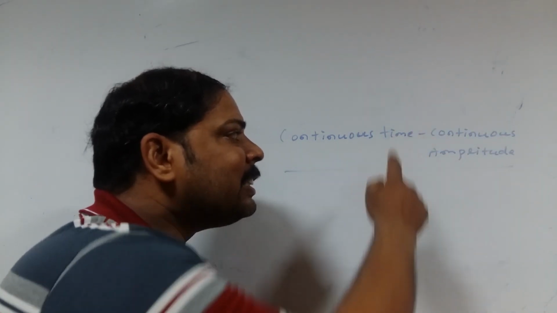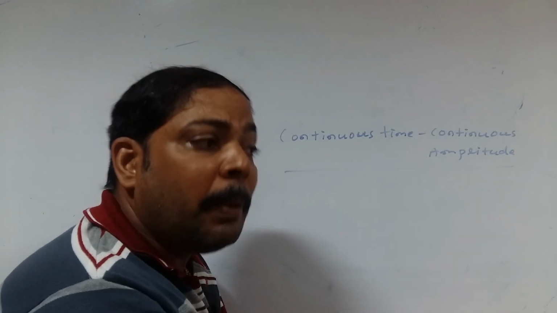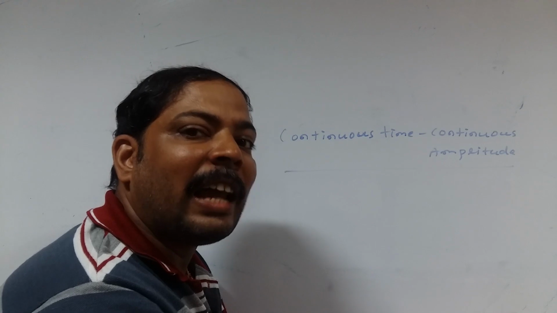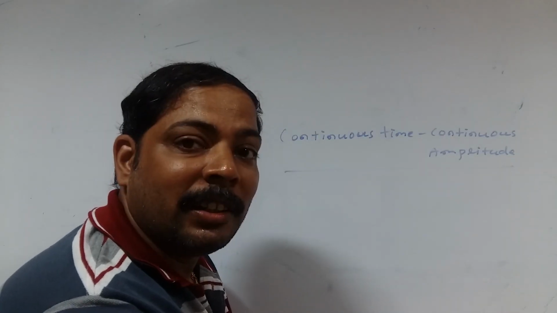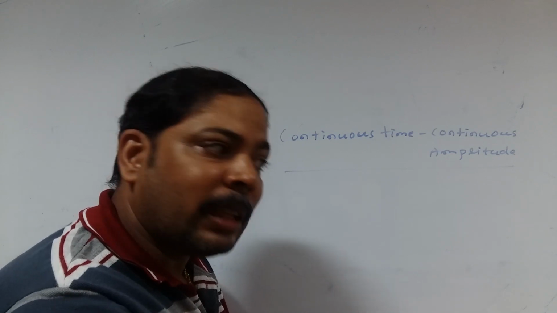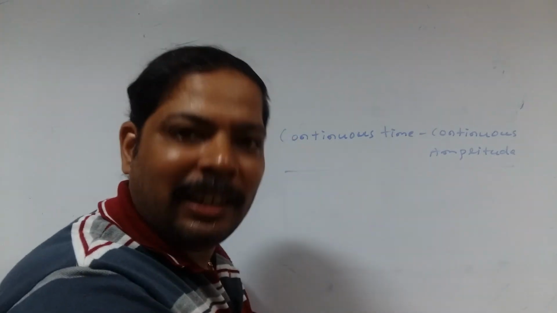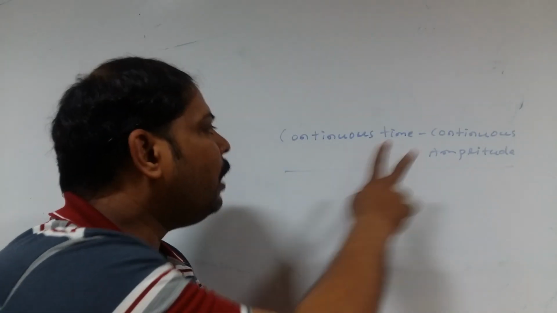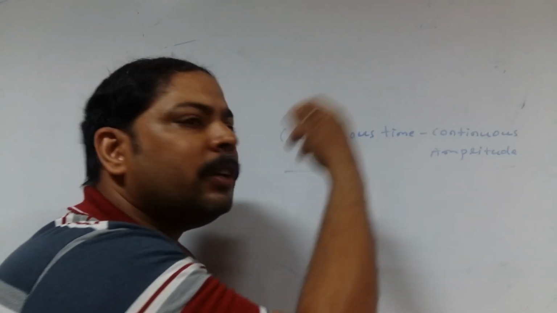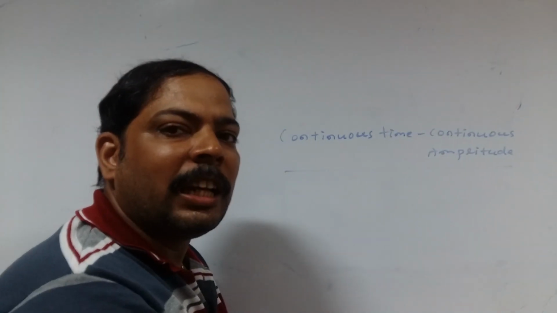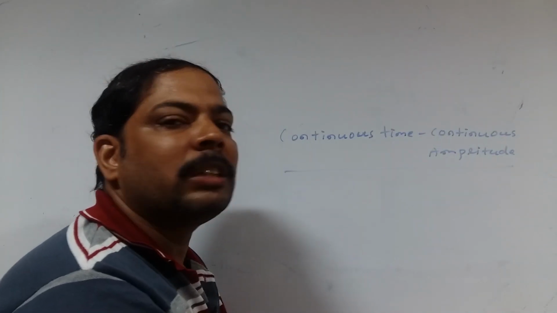Similarly, a signal is said to be continuous in amplitude if for all amplitude values over the amplitude axis, time points are properly defined. That means for every amplitude point a time point exists. So whenever the signal is continuous in time as well as continuous in amplitude, that type of signal is basically known as a continuous time, continuous amplitude signal.